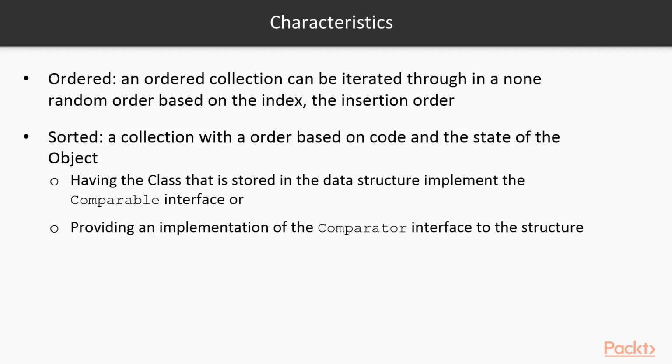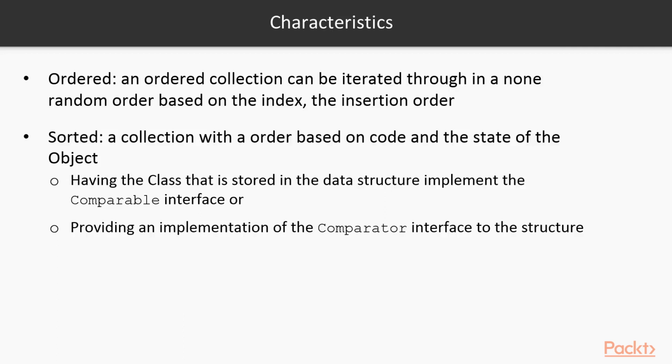I'm going to say this again. If the class that is being stored in the collection or the data structure implements the comparable interface, we have a way of sorting objects. Another way of sorting objects within a collection or a data structure is to provide that collection with an implementation of the comparator interface.